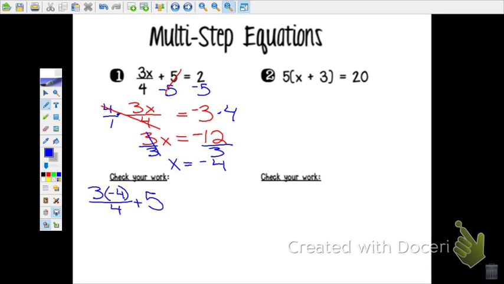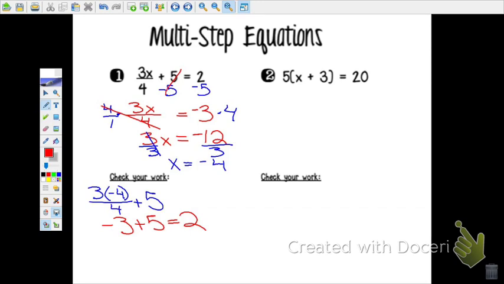So 3 times negative 4 is how much? Negative 12 divided by 4 is negative 3 plus 5, which does equal 2. Is what it's supposed to. So I know I did that right.